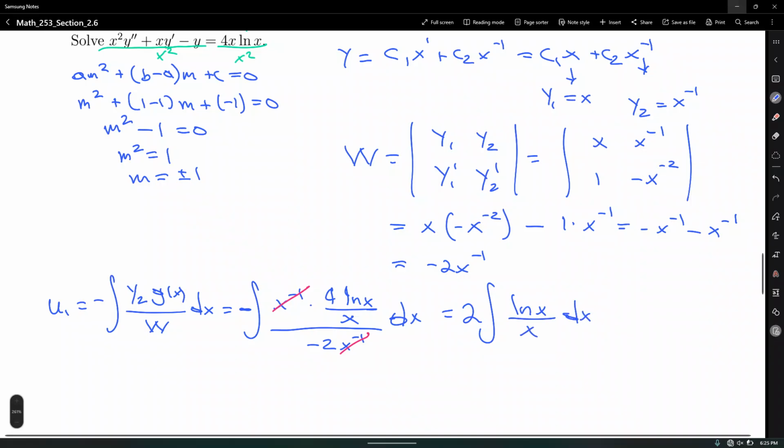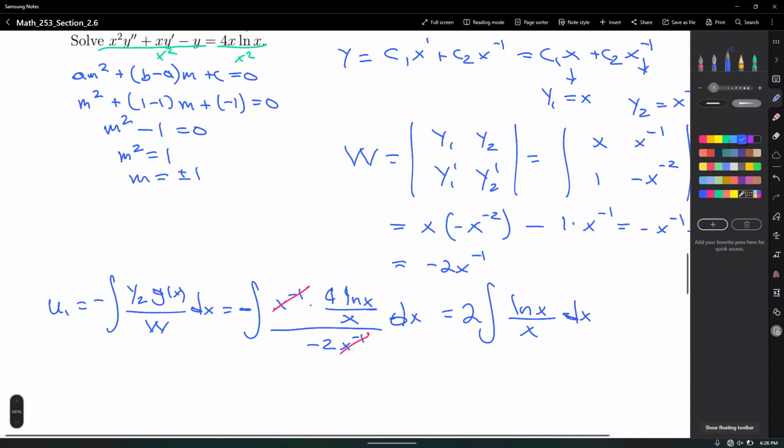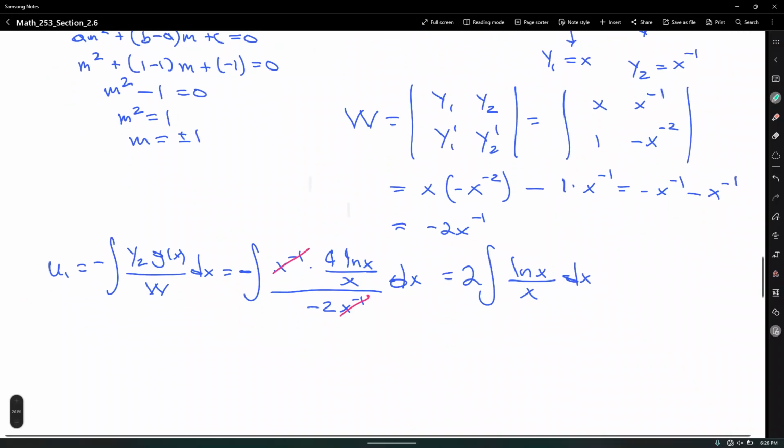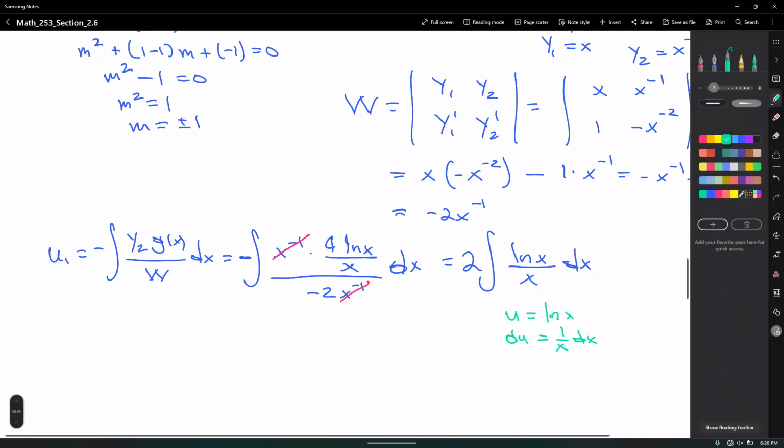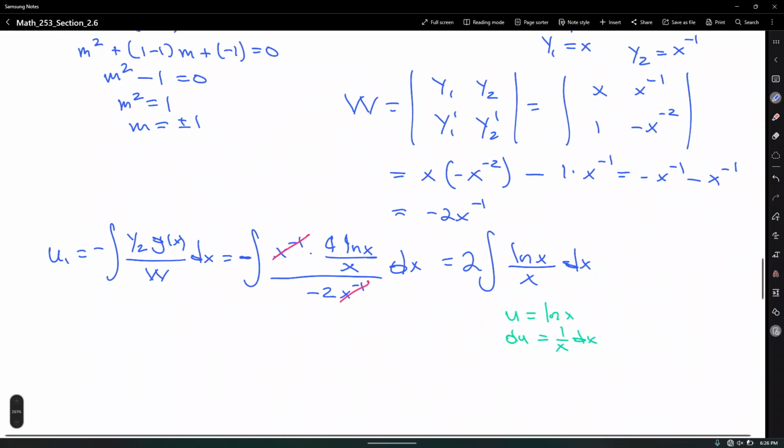All right, to evaluate this integral, what do we do? Would a u-substitution work? Yep, u equals ln x, du equals 1 over x dx. And we have the dx over x, which stands for the du part of the problem, so there's no compensation factor.